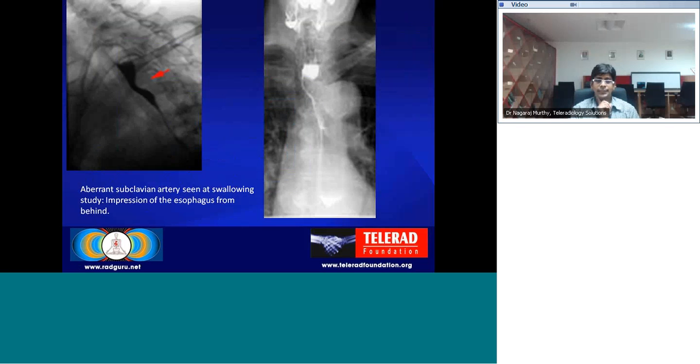This is the radiograph, barium swallow, showing posterior indentation of the esophagus on barium swallow. This is another example showing compression of the esophagus with dilated proximal segment causing dysphagia.